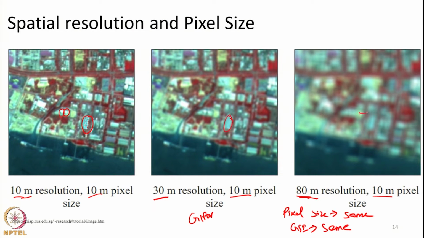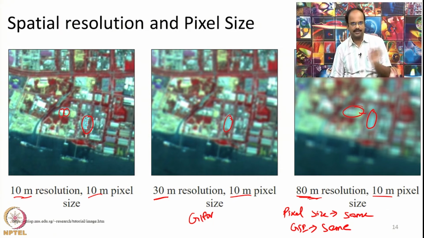In this image nothing is clearly visible for us, everything appears smudged because of the larger GIFOV and the averaging effect of this 80 meter resolution size. Hence, the size of the GIFOV will influence our ability to resolve features, but GSI will determine the pixel size.